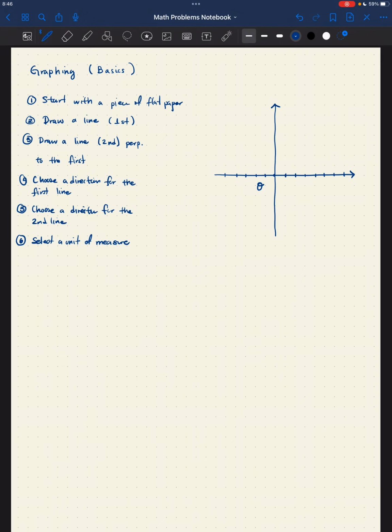Now, we do the same to the second line. And what I'm going to do is keep exactly the same measure. So since going up will indicate the positive direction, this would be that one. Then I place my ruler. Now that's the second, third, fourth, fifth, sixth, seventh, so on and so forth.